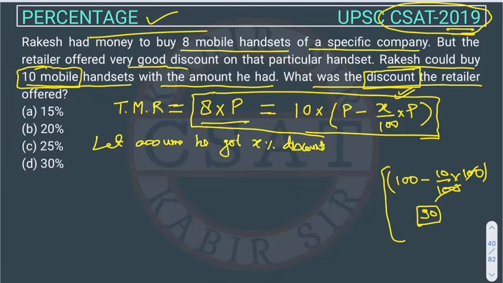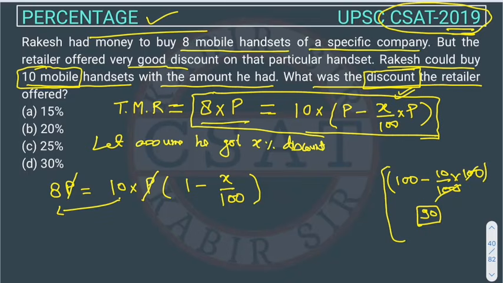So it will be 8P is equal to 10 times P times (1 minus X upon 100). From this equation we can take P common. This P will cancel this P, this 10 will come this side, so it will become 8 by 10, then we can cancel it by 2.